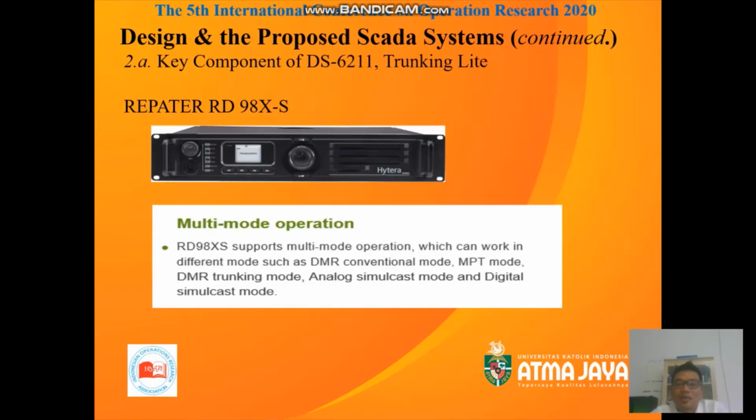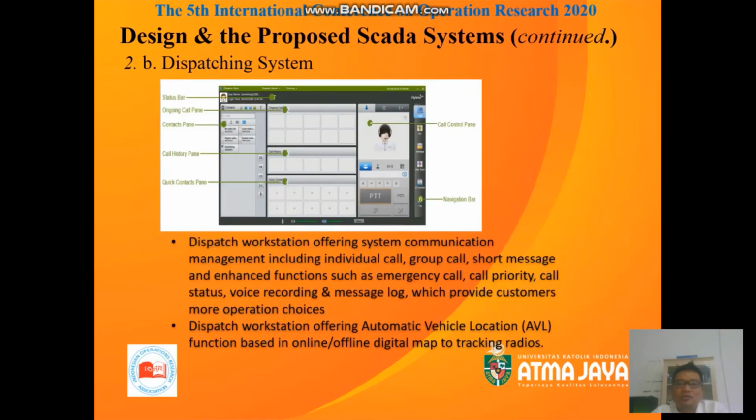And the key component of DTM 6211, number one, is the repeater RD98XS. This repeater can support multi-mode operation, which can work in different modes such as DMR conventional mode, MPT mode, DMR trunking mode, analog simulcast mode, and digital simulcast mode.